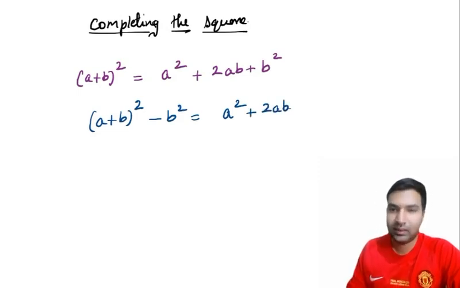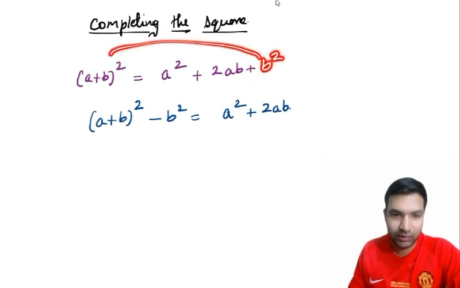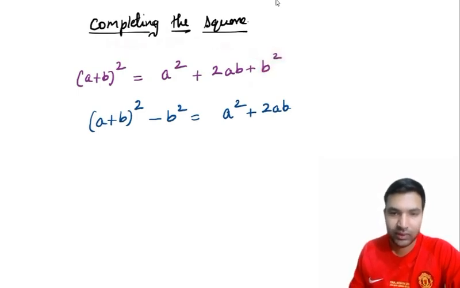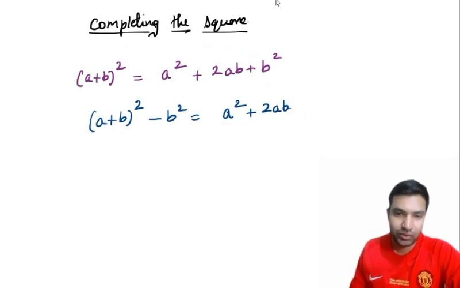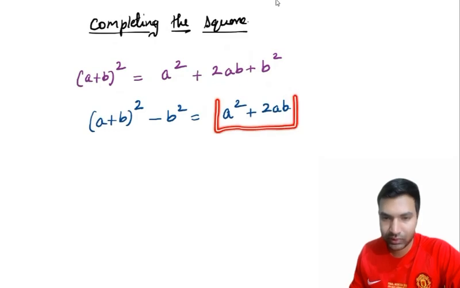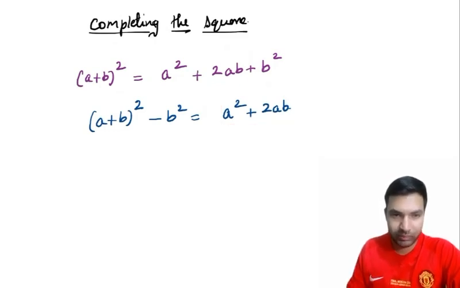All right. So basically, what I'm doing here is shifting this b squared to the left-hand side, and therefore it becomes negative. Now we have this term, which needs to be converted as the square of something minus this. So basically a squared plus 2ab can be written as (a plus b) whole squared minus b squared. So I'm just rewriting this.